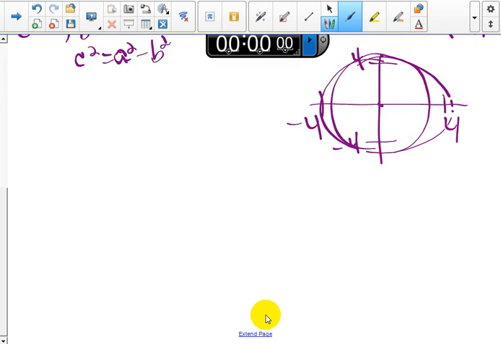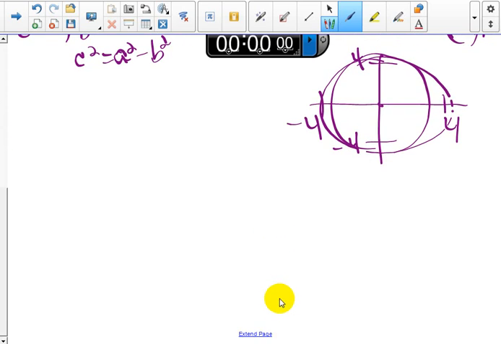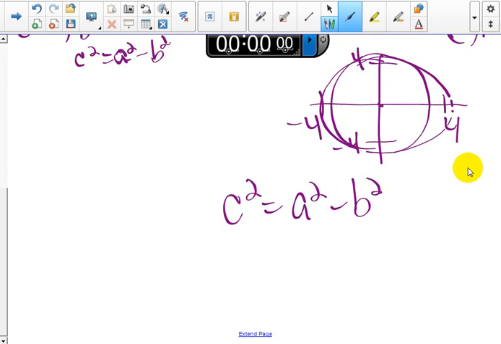So your second step is to find A, B, and C. So we know that C is equal to 4 and B is equal to 4. All right? So what is A? So you're going to go C squared equals A squared minus B squared. We've got C and B, both 4. So 4 squared equals A squared minus 4 squared.